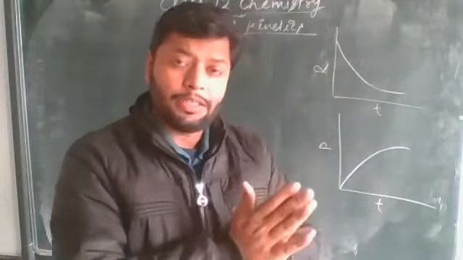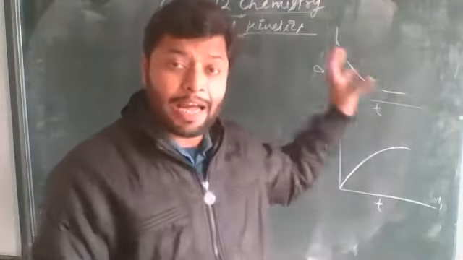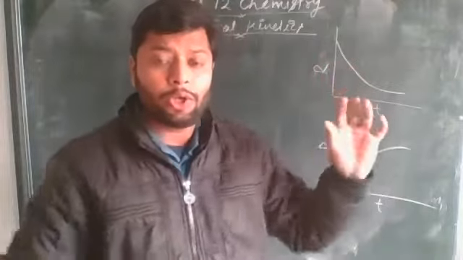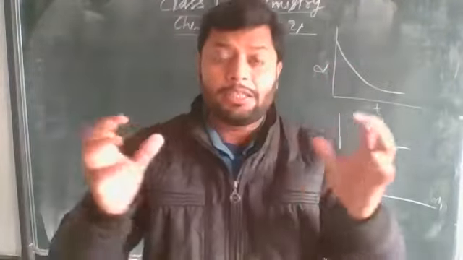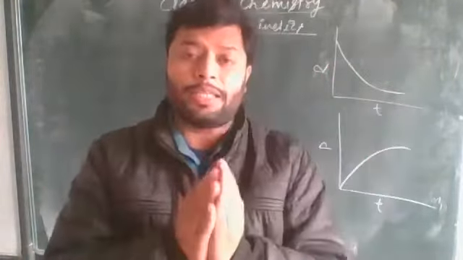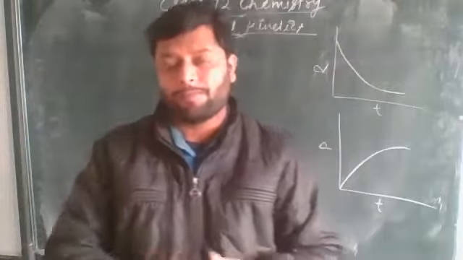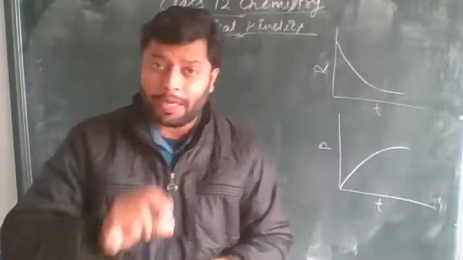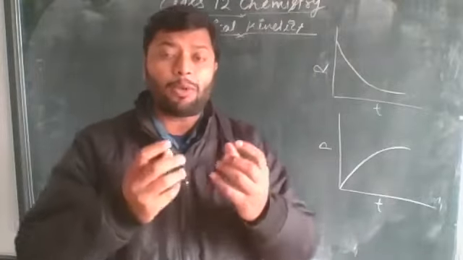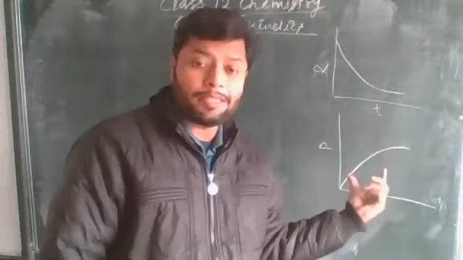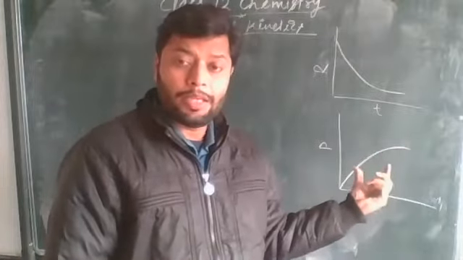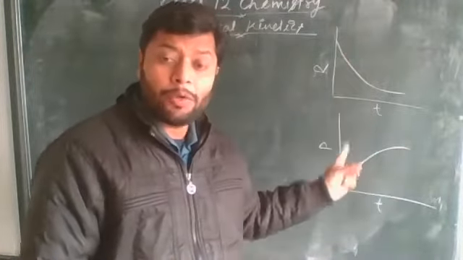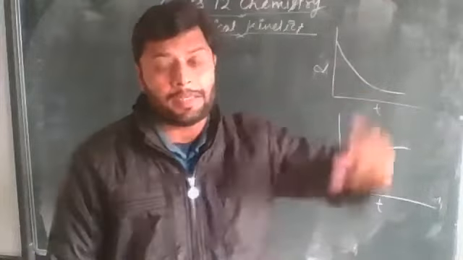Because in the beginning the concentration of reactants is very large, the particles collide together very frequently. The frequency of collision is very high, and that is why there is more probability of appearance of product, which is why the rate of reaction is very high in the beginning.